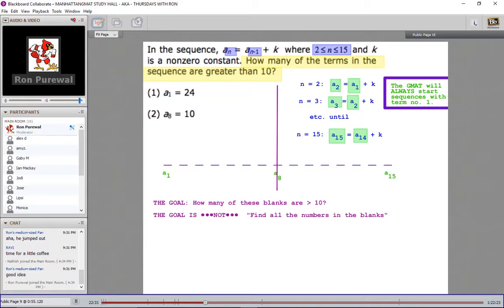But this is the intuition that we're trying to build here. The intuition that I want you guys to have is, if you actually end up with all the numbers in the blanks, your reaction should be like, oh crap. That should be your reaction if you actually find all 15 numbers.